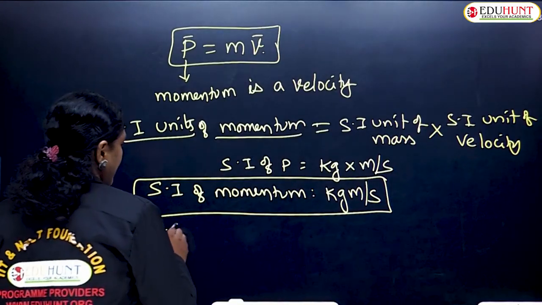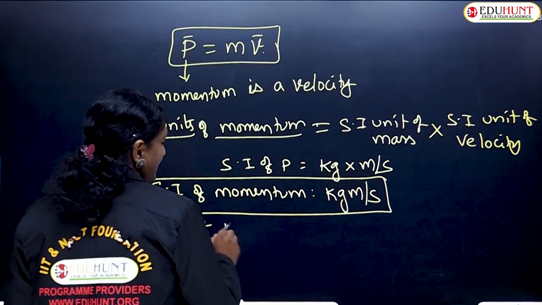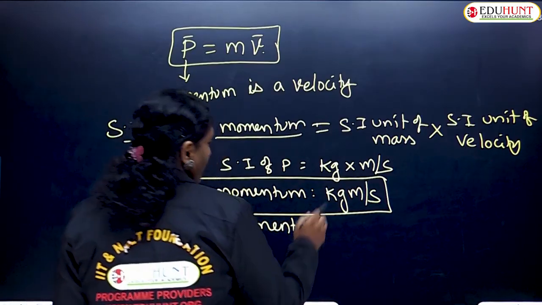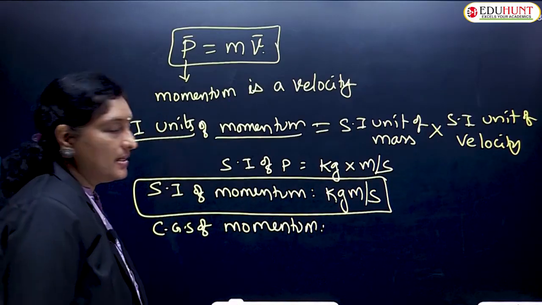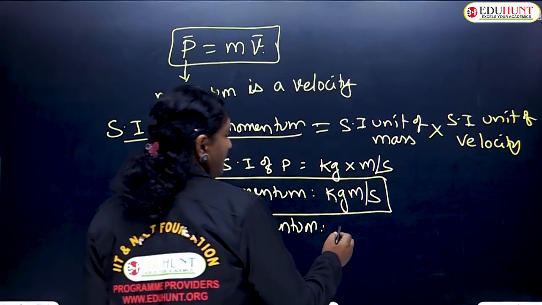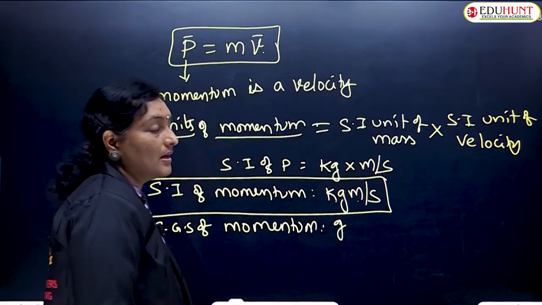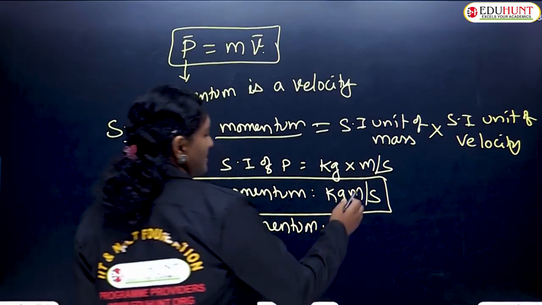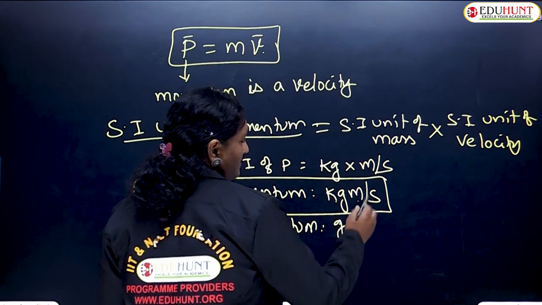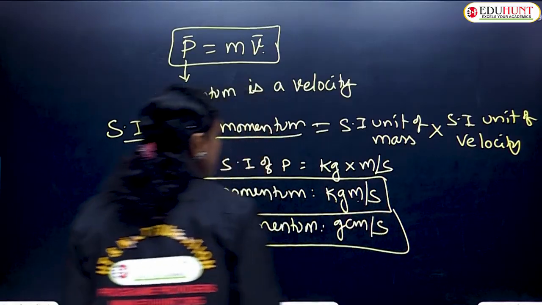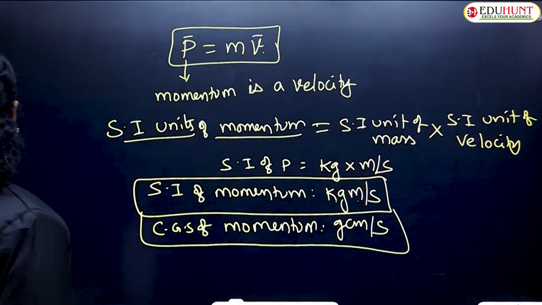Similarly, if you would like to write down the CGS unit of momentum, it can be written like this. kg means SI units. Instead of kg, in the CGS system the mass is measured in grams. Instead of meters in the SI system, in the CGS system we write centimeters, and second as usual. So the CGS unit of momentum is gram centimeter per second.